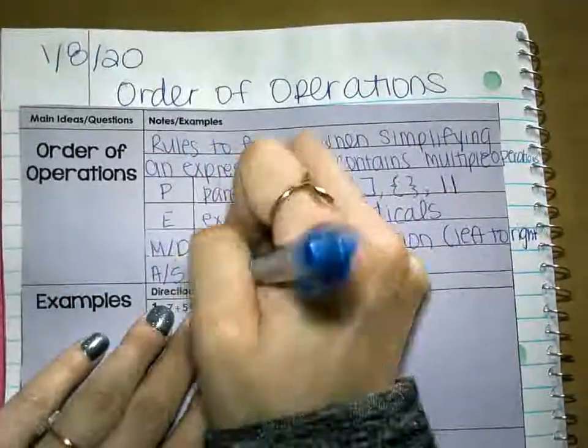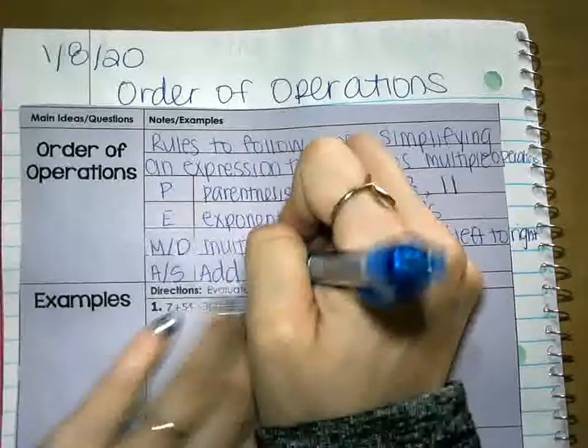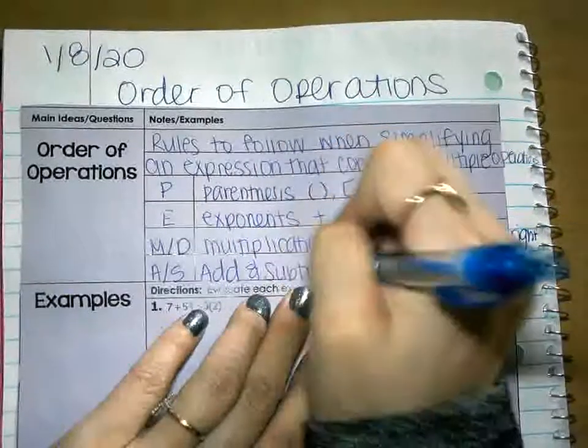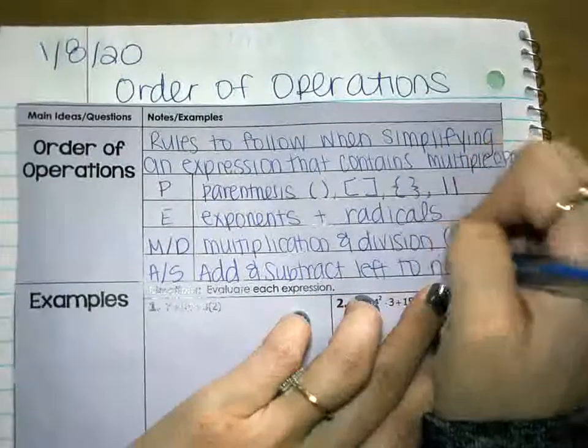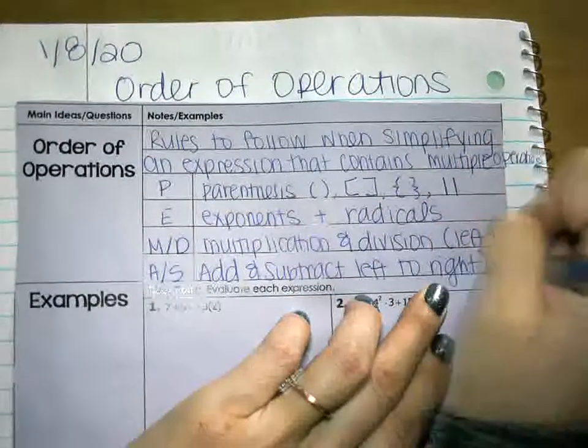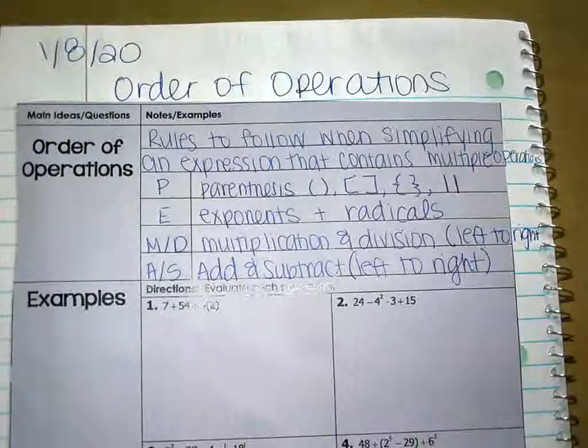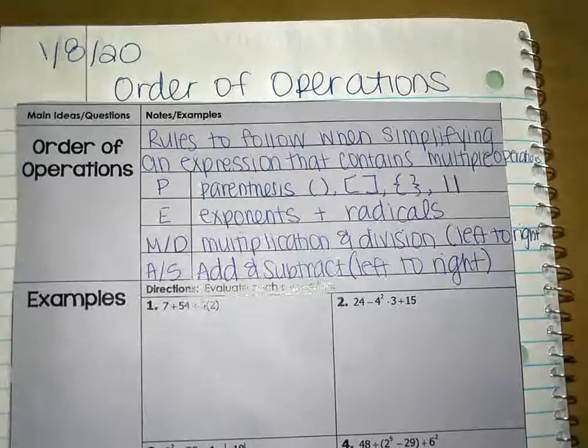Add and subtract. Very good. In what order? Those things are never ever going to change. The problems are just going to get a lot more complicated with the more things that you have learned.